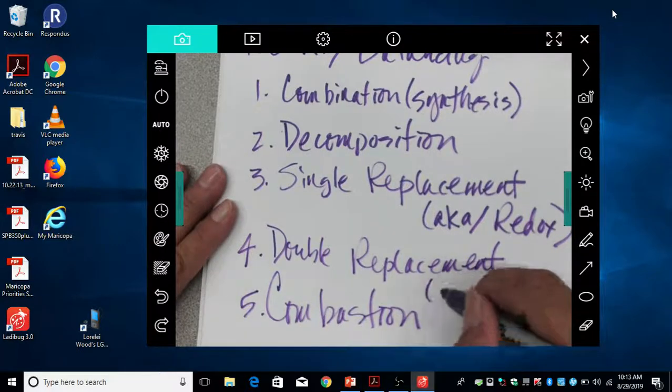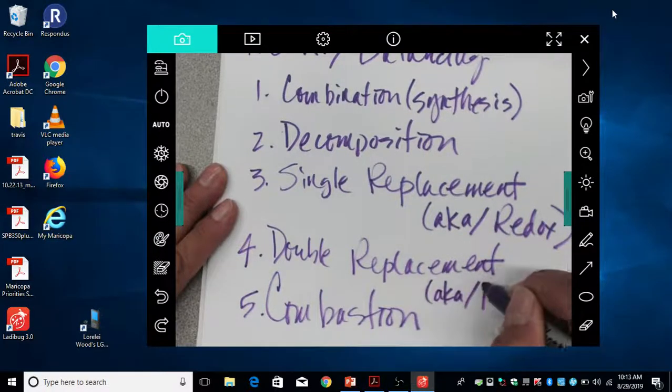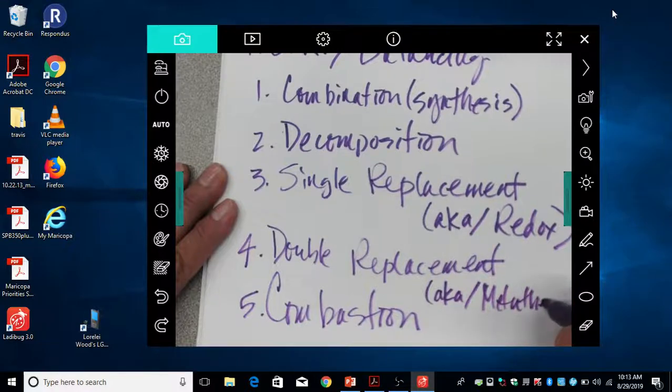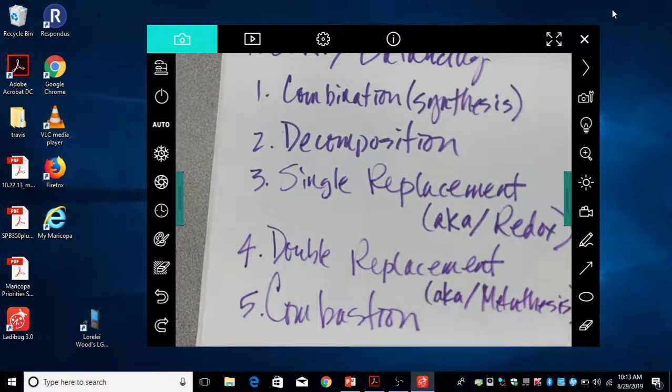Double replacement, also known as metathesis. Generally, the terms I put in parentheses are terms that are a little more old school. However, some of you are going to be taking the MCAT, the PCAT, the GRE, these high-stakes assessment exams, and you may have a test author that uses the old school terms.